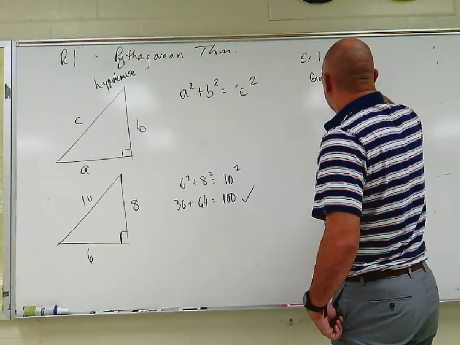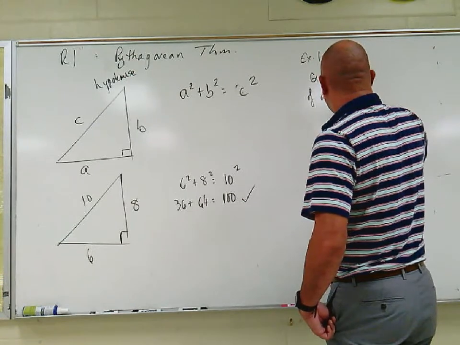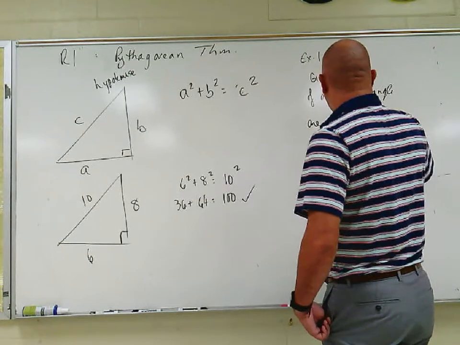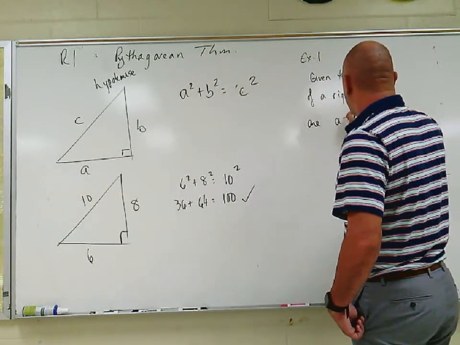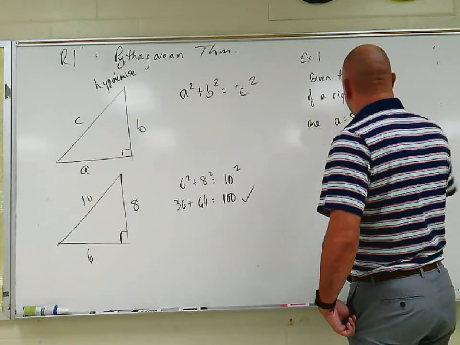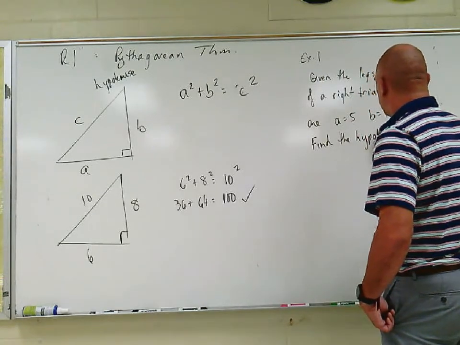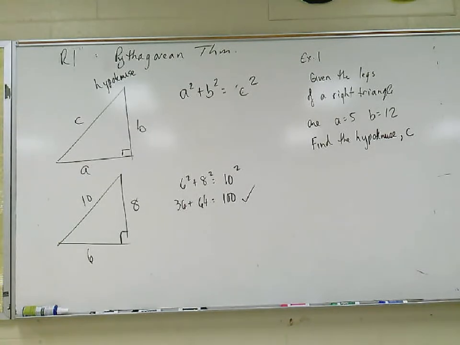Given the legs of a right triangle are A equals 5 and B equals 12, find the hypotenuse C. All right, so now take a second, see if you can plug those into the Pythagorean theorem, and how would you solve for C, and then we'll all do it together in just a second.